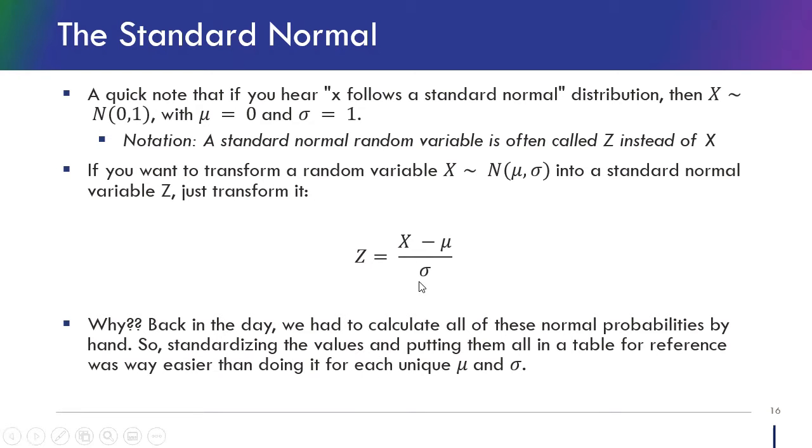Then by dividing by sigma, the bell curve that originally had a standard deviation of sigma, we now shrink it or enlarge it, depending on what sigma is, to put it into a standard deviation of 1. So that's what we mean by standardizing this random variable.